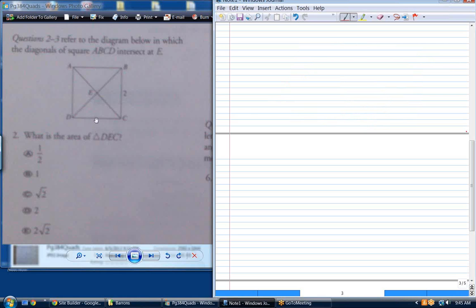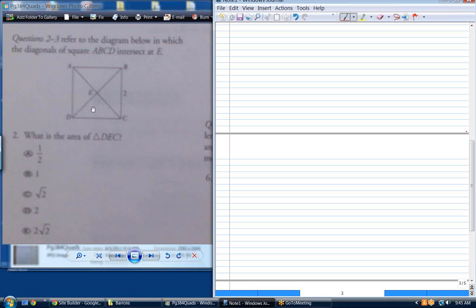So that's 2 from D to C. And then the diagonal would be 2 root 2. So D to E would be half of 2 root 2. Is the problem getting any easier? In fact, it's getting harder.